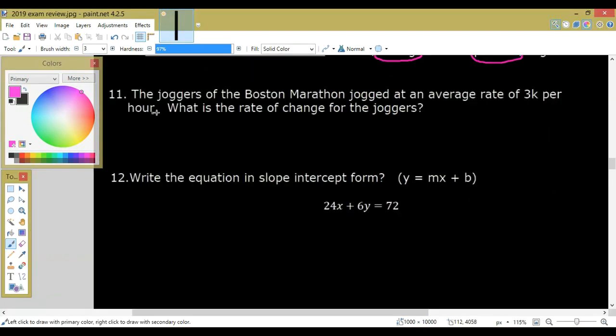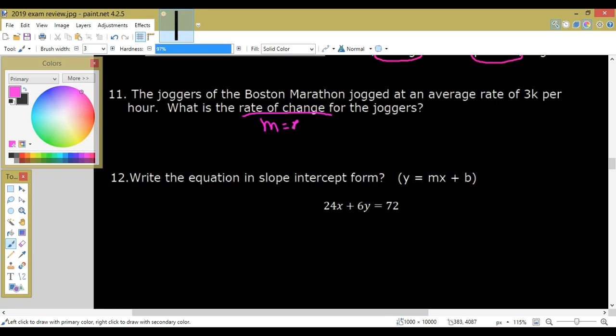Number 11. The joggers of the Boston Marathon jogged at an average rate of 3 kilometers per hour. What is the rate of change for the joggers? Rate of change is something you'd want to underline or highlight. That's a key phrase. Rate of change means slope.